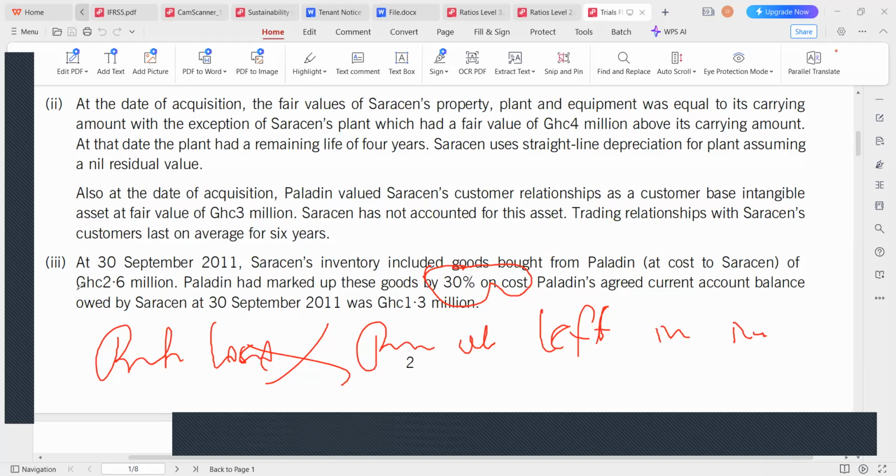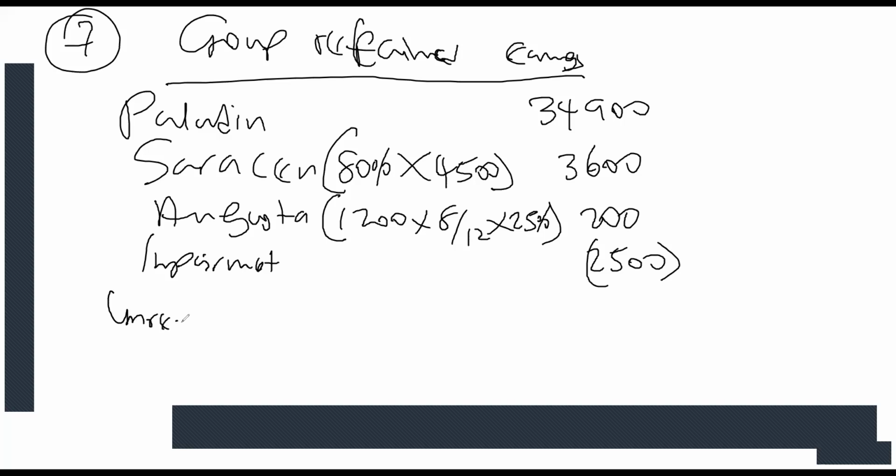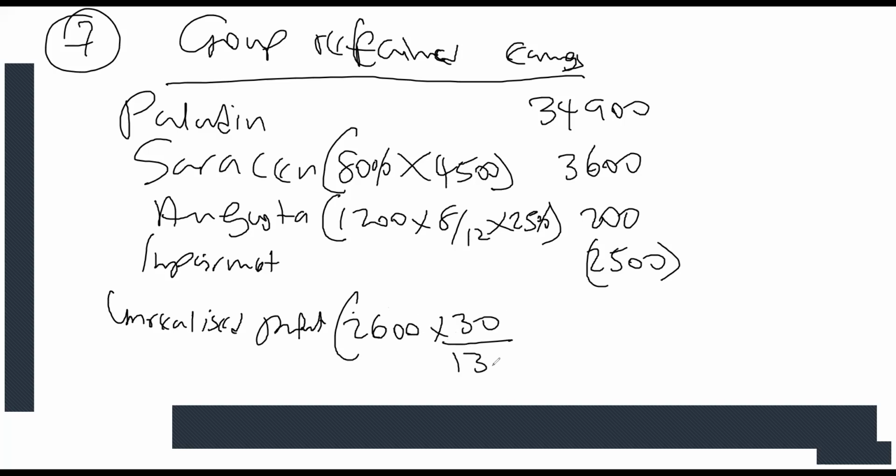But the goods left in inventory are 2,600 at selling price, not cost. So you have to convert the markup to margin by saying 30 over 130 times the 2,600. That is the unrealized profit, which should be eliminated. So unrealized profit made by Paladin would be 2,600 times 30 over 130. This is what you get?